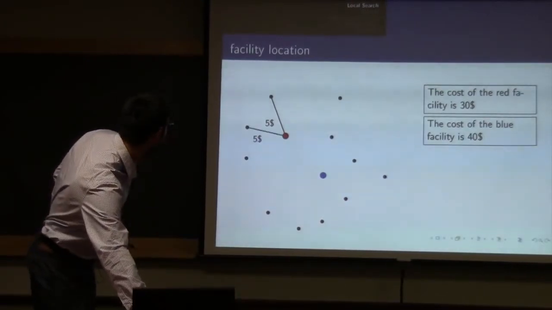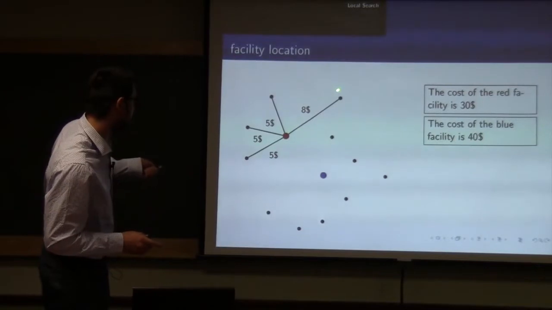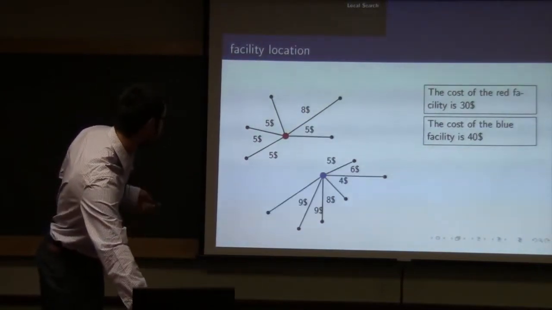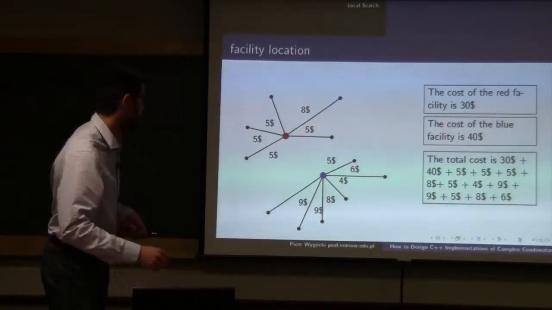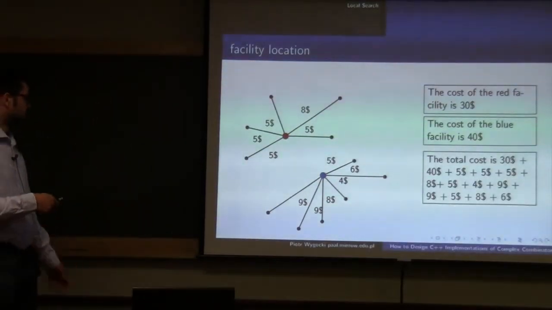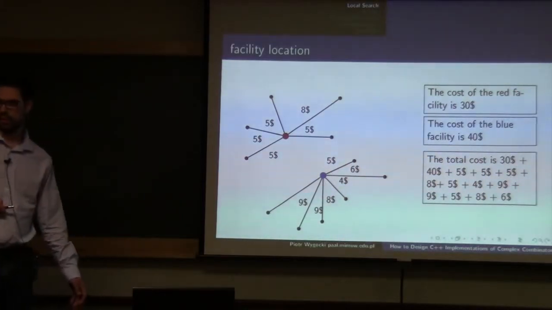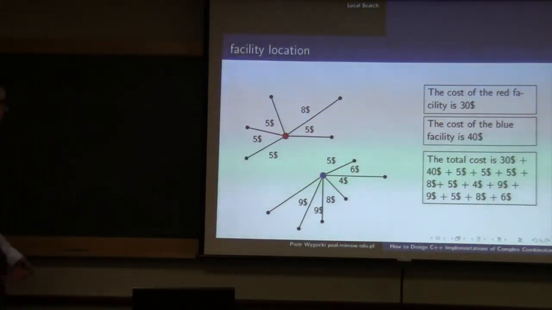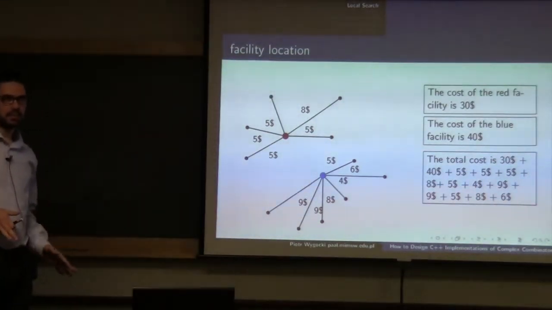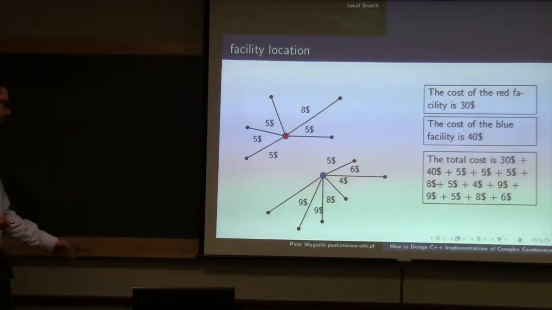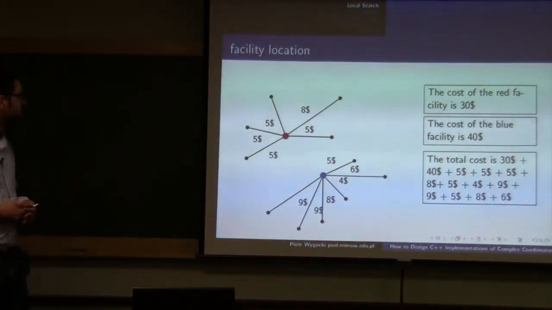And here it's the same, and this distance is a little bit bigger, so it's $8, and so on. You've got the picture, and our total cost is just the sum of all these costs. Is it clear? Any questions? So it looks more like a real-world problem. Yes, it's still a toy problem, but it's more like a real-world problem.